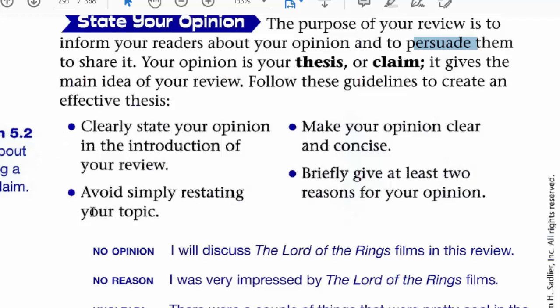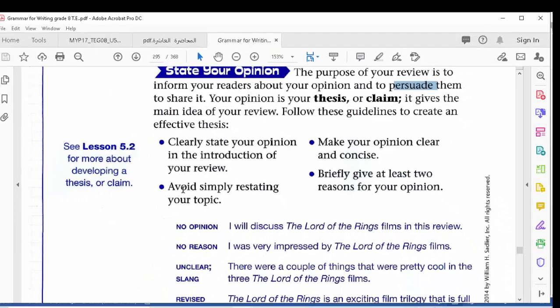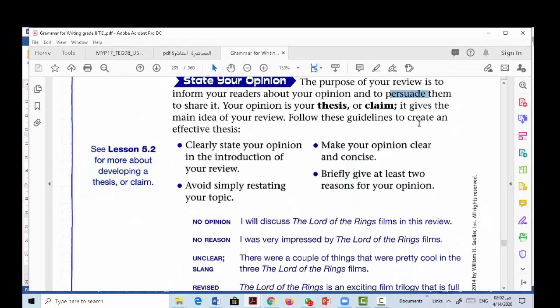Avoid simply restating your topic. Some students think that if they repeat what is written in the question title, they are starting an essay. This is not right. You should be able to paraphrase and use your own words. Next one, make your opinion clear and concise.